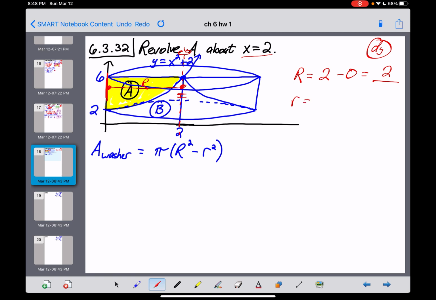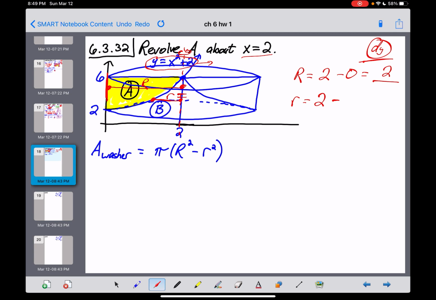So big R is just 2. Little r, though, is going to be a little bit more interesting. It starts also at the axis of revolution, but stops when it hits the first curve. So there's little r. So little r is stopped on the right once again by the line x equals 2, but then it's stopped on the left by this parabola, which is y equals x squared plus 2. Since we're integrating with respect to y, we're going to need to solve this equation for x.